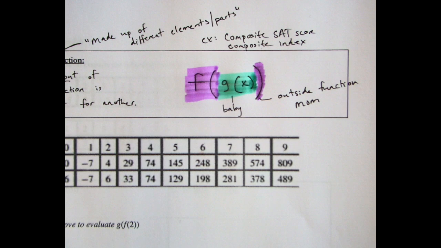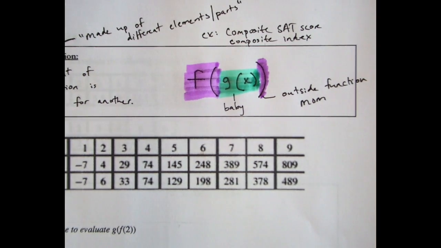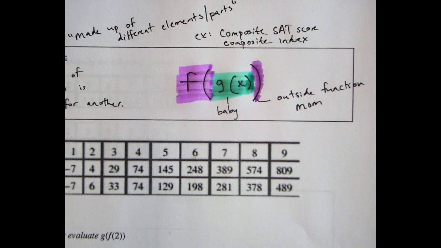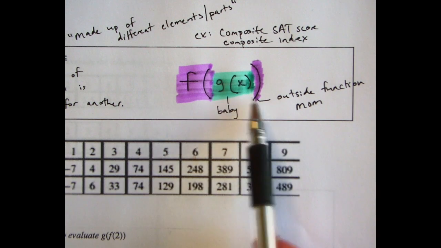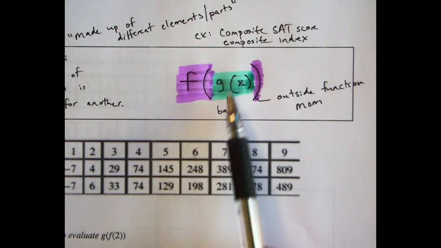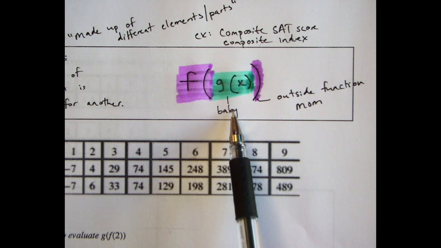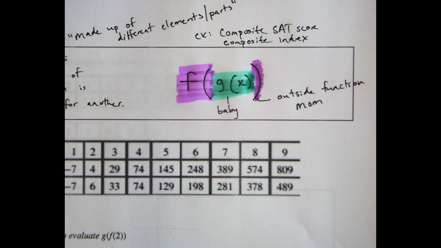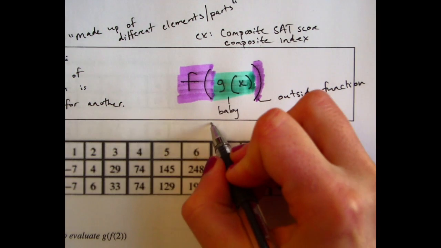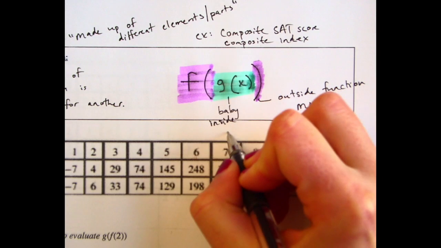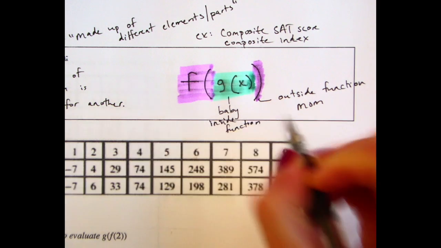It seems very silly, but it actually is going to be very helpful as we go on with class today. So F is our mom, and our mom F is pregnant with our baby, G. Sometimes we'll also call this baby the inside function. It is inside the pregnant belly of the mother.